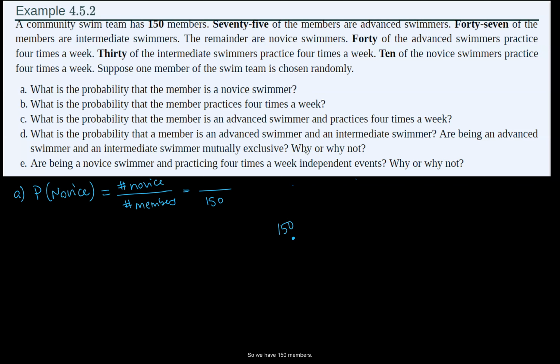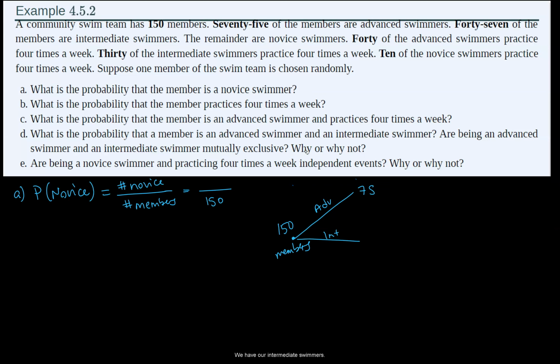So we have 150 members. I'm going to use a tree diagram to separate these into 3 groups. We have our advanced swimmers. 75 of them are advanced.